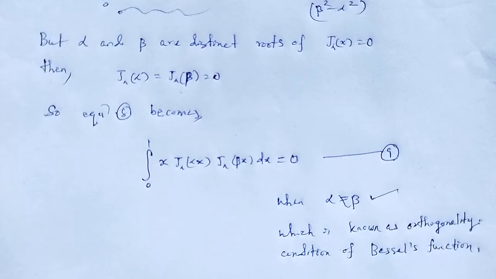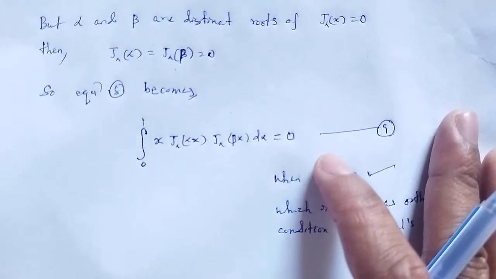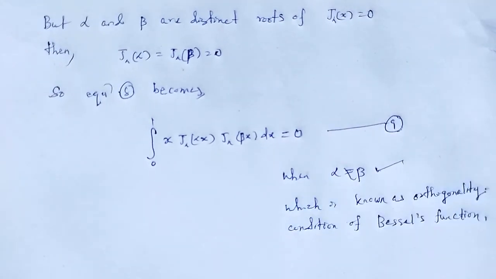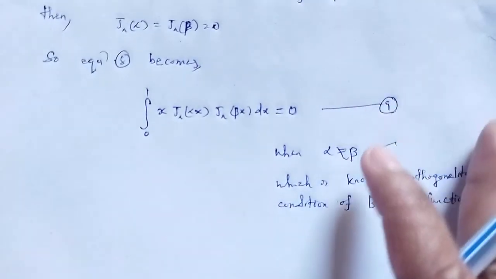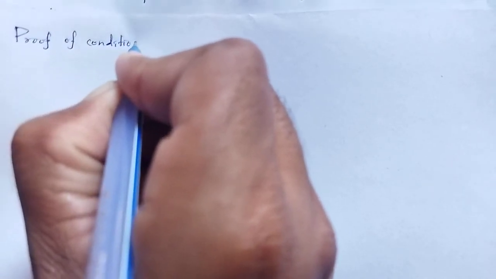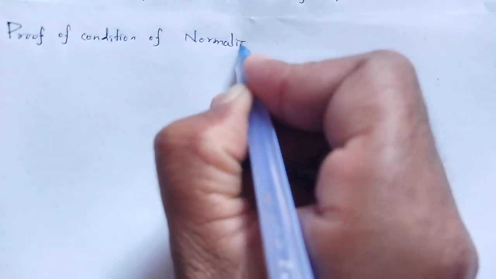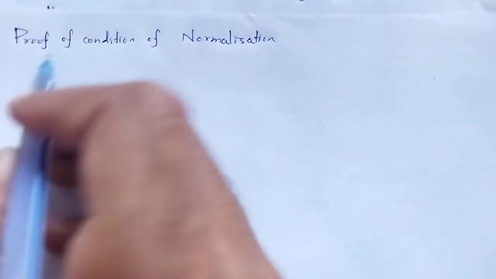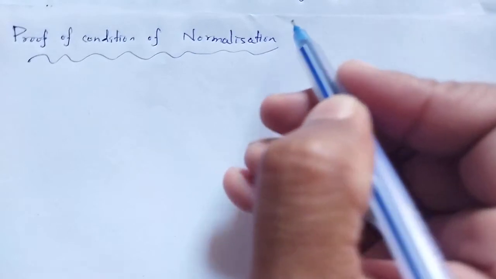Now we have to take when beta is equal to alpha, what should be the procedure? That is the condition for normalization. Now we prove the condition of normalization. Proof of the condition of normalization when alpha is equal to beta.